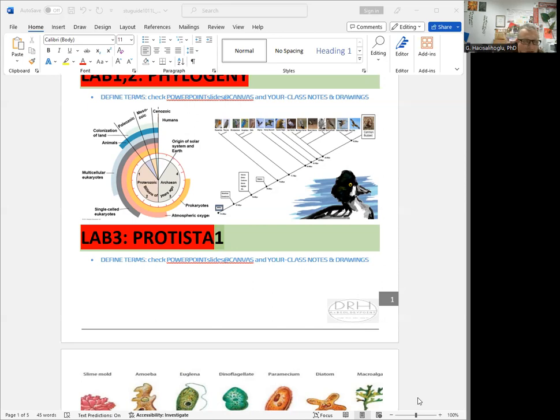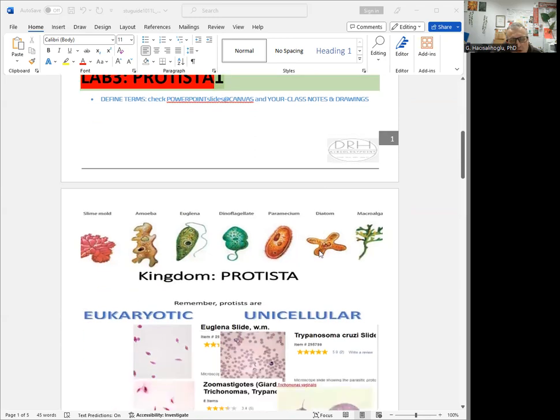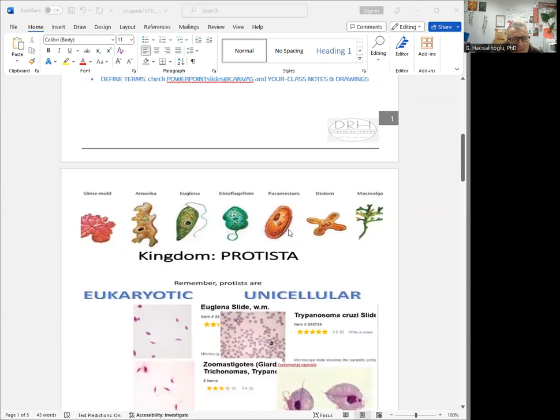Kingdom Protista has 5 supergroups: Excavata, Chromalveolata, Rhizaria, Archaeplastida, and Unikonta. So you need to know the supergroups under Protista, representative species in each supergroup, and something unique about them, like you see in some pictures here.